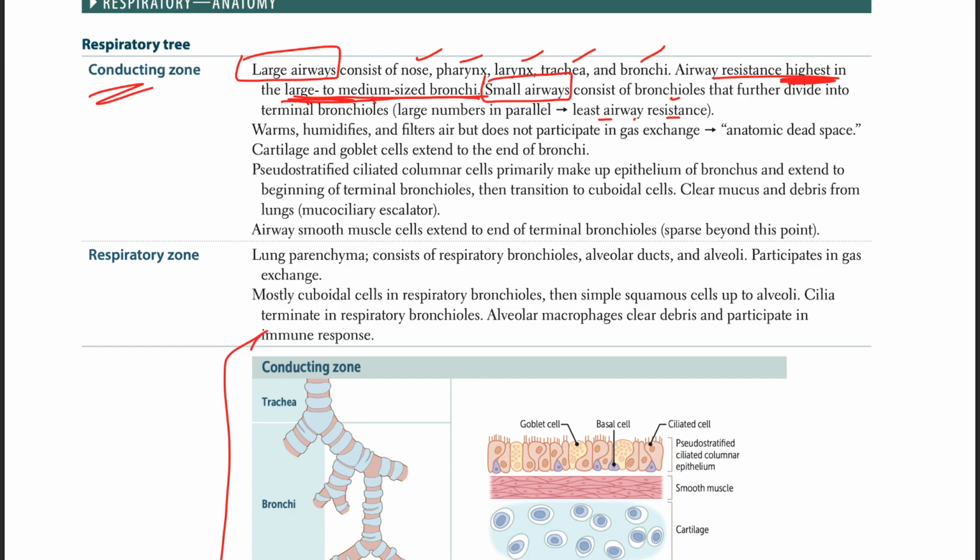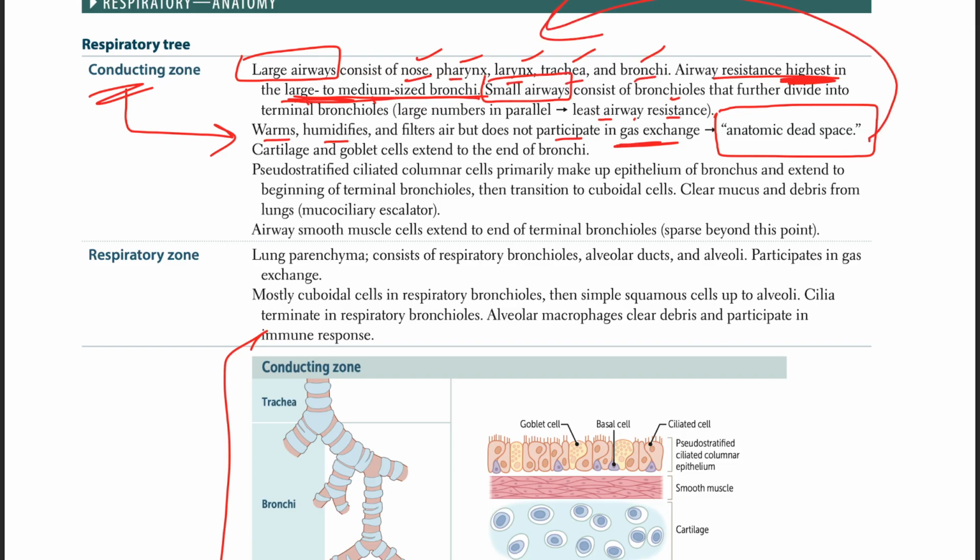Okay, what is the conducting zone doing? It warms, humidifies, filters air, but does not participate in gas exchange. It is also known as anatomical dead space. What are the organs which play a part in anatomical dead space? These right here: the nose, the pharynx, the larynx, trachea, bronchi.